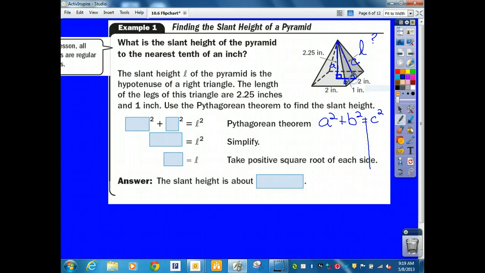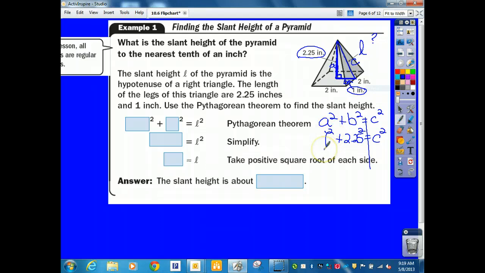The A, do we know how long that is? It is what? 1 inch. So 1 squared plus, what's the height? What's the other leg? The B is 2.25 squared, and that equals c squared, which we don't know yet.